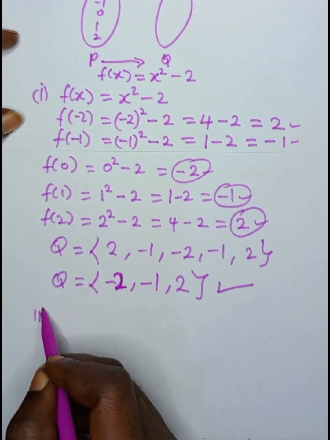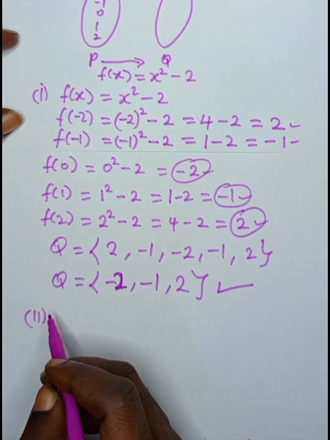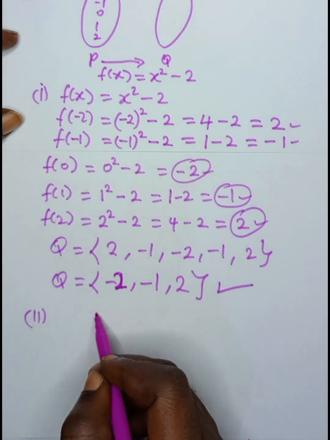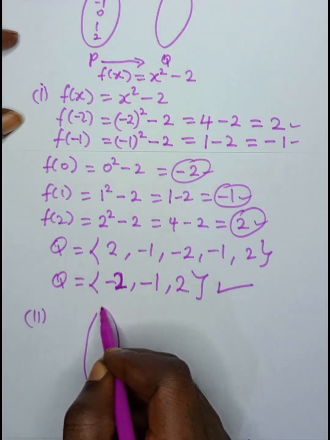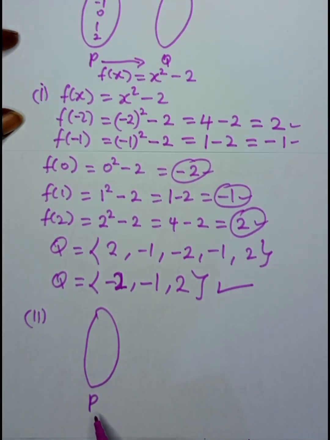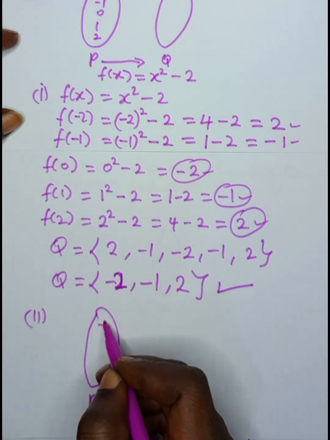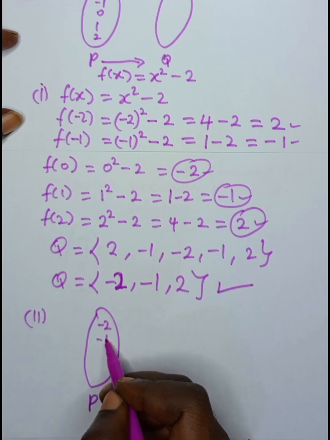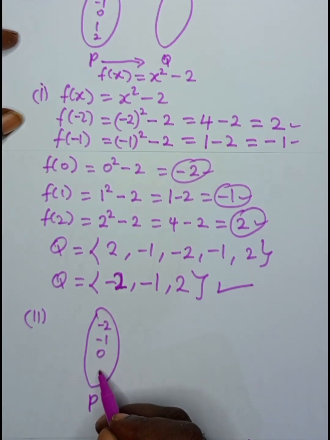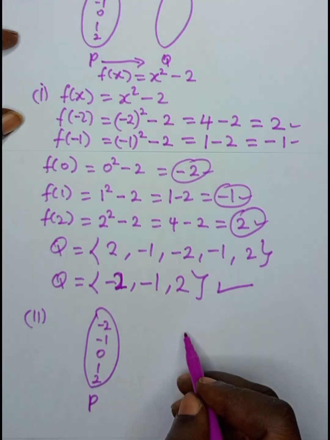Now part (ii) says that we should draw a diagram showing the mapping between P and Q. So I'm going to draw the diagram. I have the P elements as the domain, and the elements are -2, -1, 0, 1, 2.